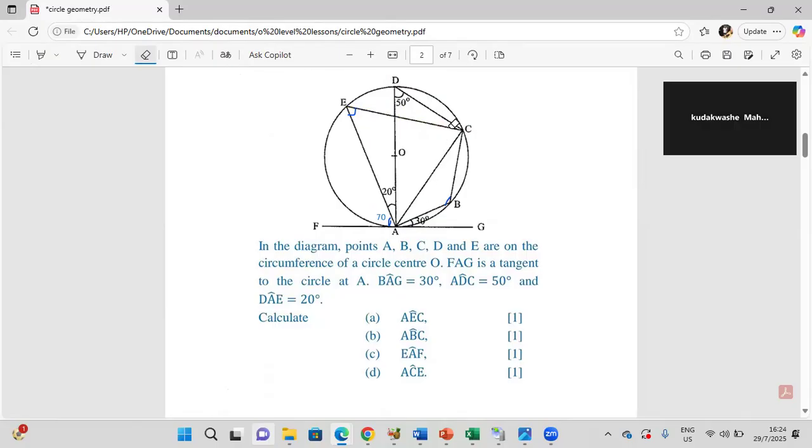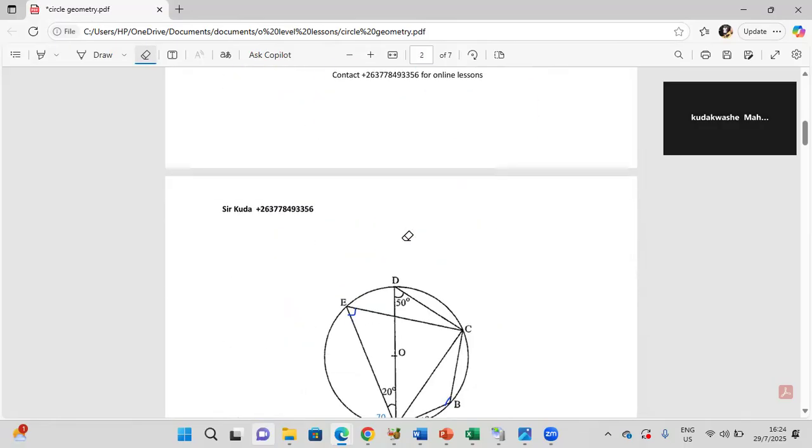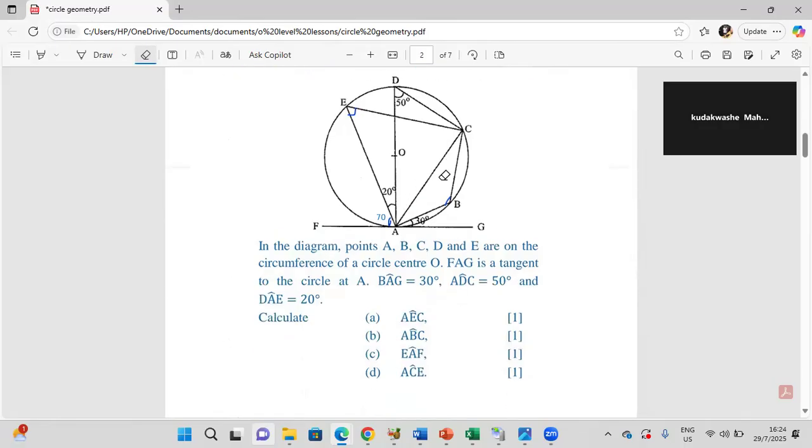They're all sitting on the chord AC. Remember, we said if the triangles are sitting on the same chord, they form equal angles. So applying that, if this one is 50, again the other triangle also has 50 because it's also sitting on the same chord.